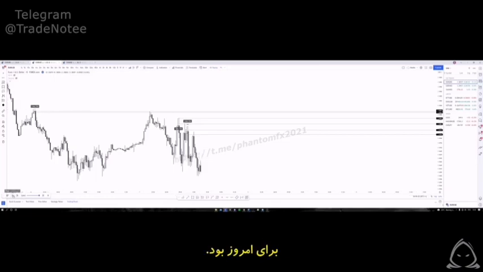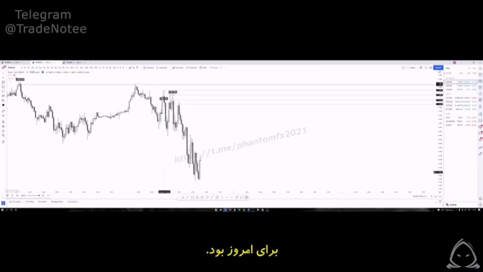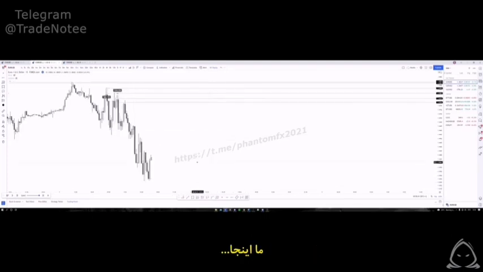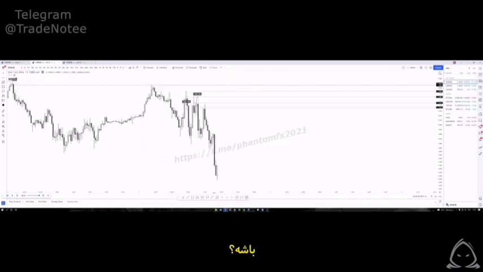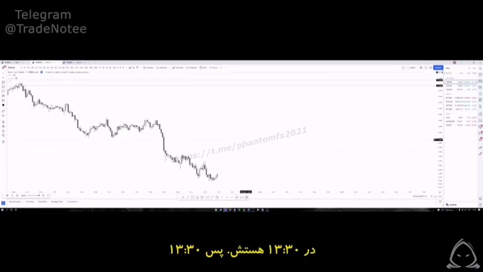There was a great example today, but yeah. So okay, let's look at this one. Again, I don't know whether this one works or not. It doesn't work every time at all. But we have this candle here, which is 13:30 to 13:45.